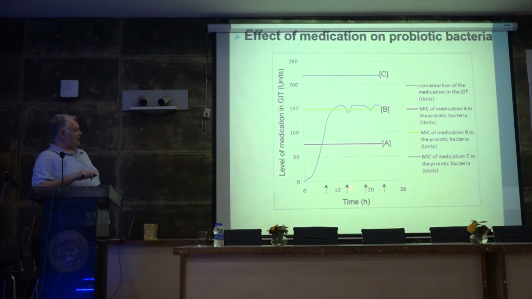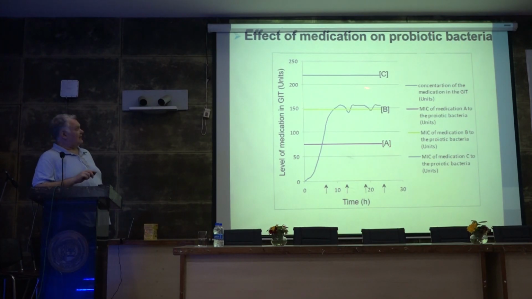Imagine you're taking your medication every 8 hours. The level of this medication will go more or less in this way in your body, with some fluctuation. And if the minimum inhibitory concentration that will kill your probiotic is, let's say, 75 units, obviously you have much more of your medication in your stomach. This probiotic is not going to work.